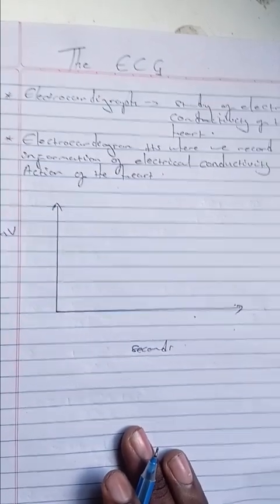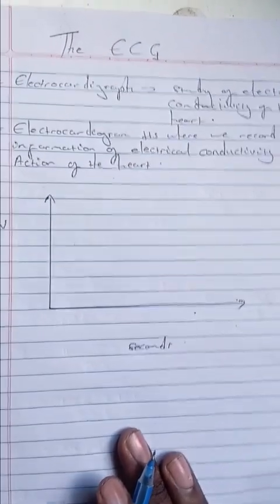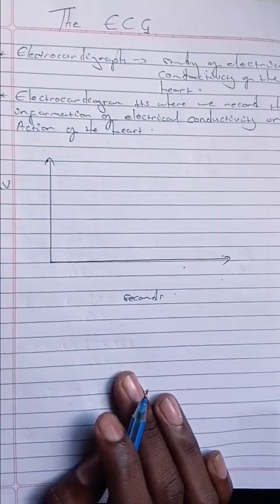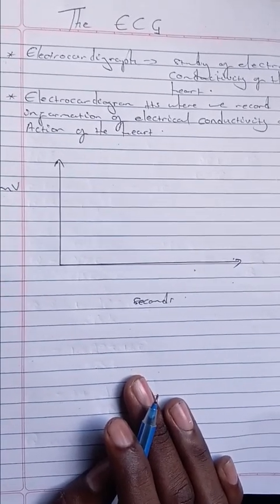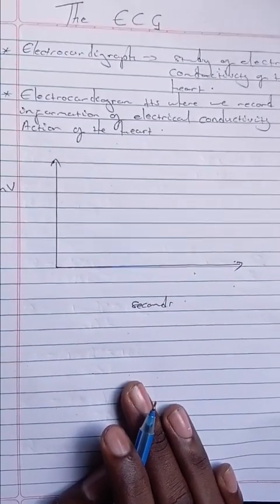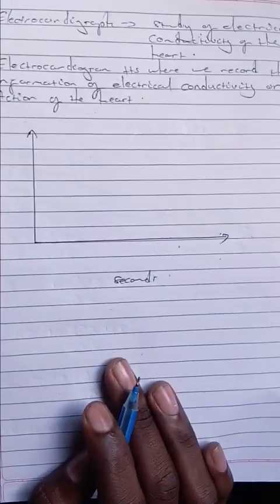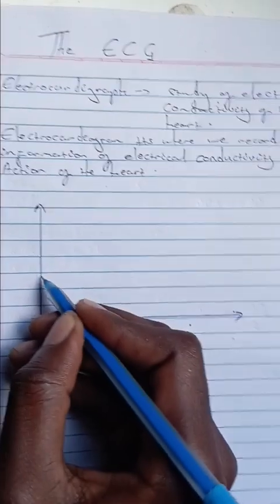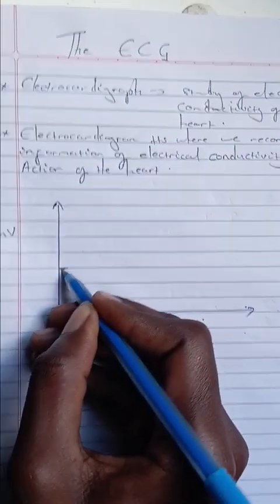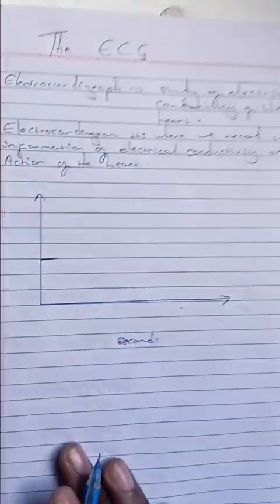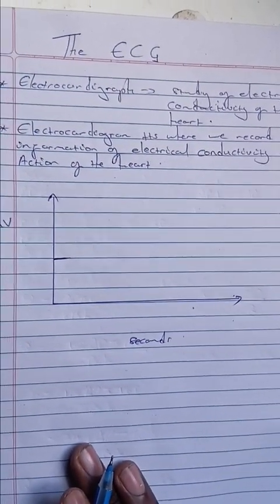The heart is myogenic, meaning the heart creates its own action potential. And this is due to the unstable voltage in the SA node. So the action potential starts, this is the isoelectric point.